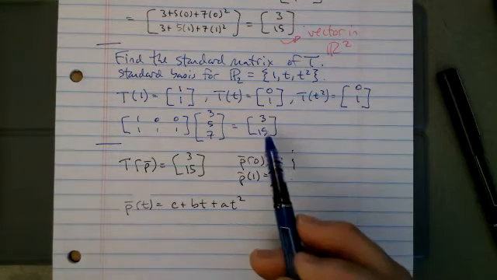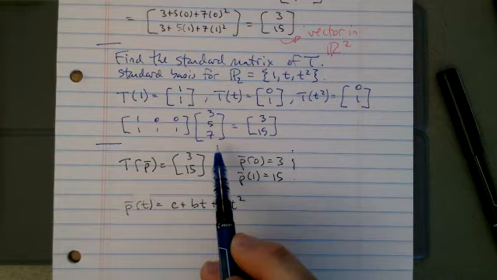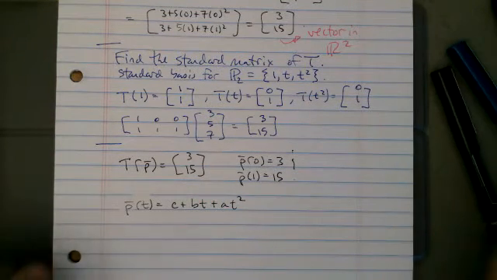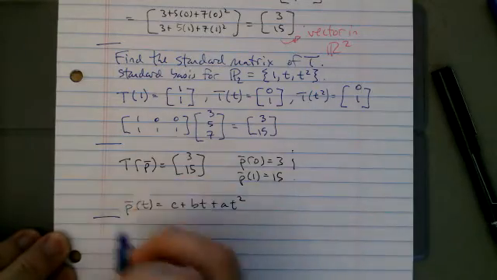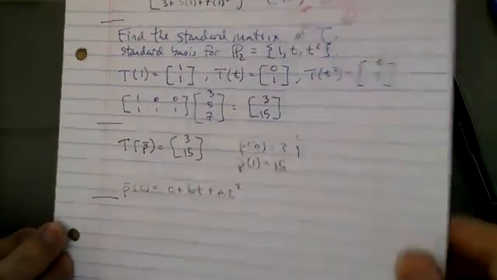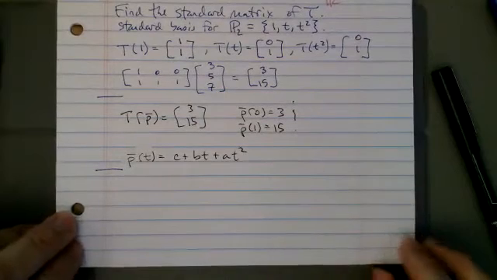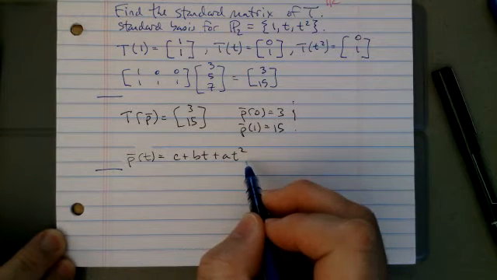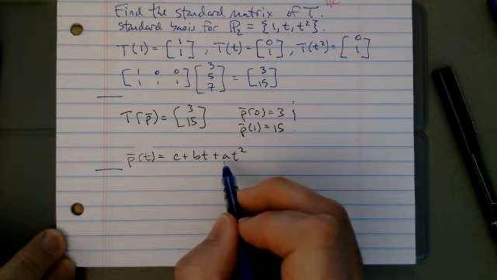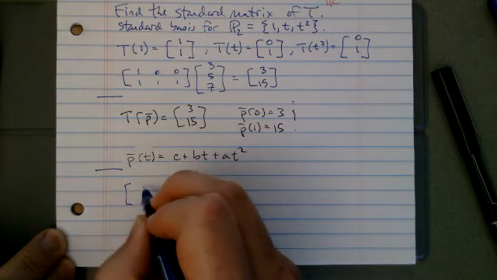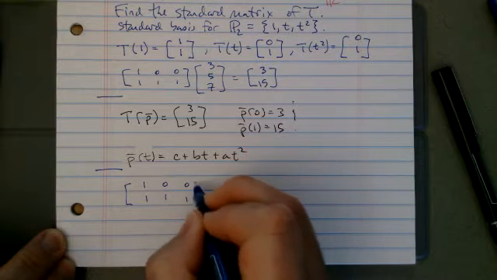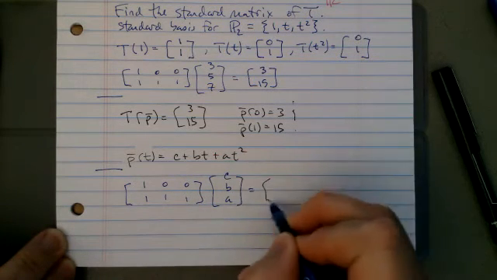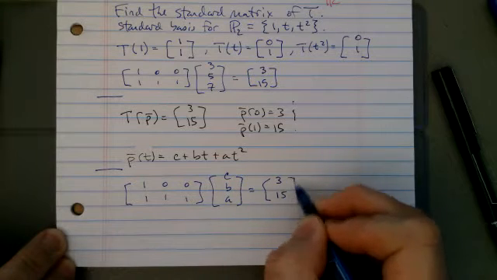So if you're given an output vector, you can use an augmented matrix to solve. If we're looking for a polynomial c plus bt plus at squared, I can solve this equation, the matrix 1, 1, 0, 1, 0, 1, multiplied by the vector c, b, a, and figure out which one comes out to 3, 15.